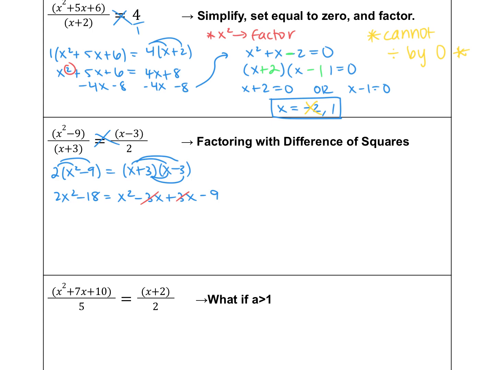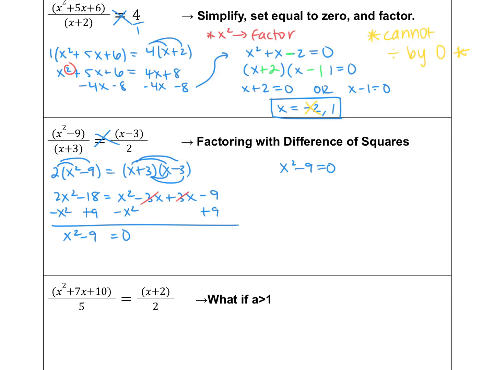Still need to get set equal to 0 though, so I subtract x squared and I add 9. So that gives me a 0 on the right side. On the left side, I have an x squared subtract 9. So I'm going to rewrite that, x squared subtract 9.